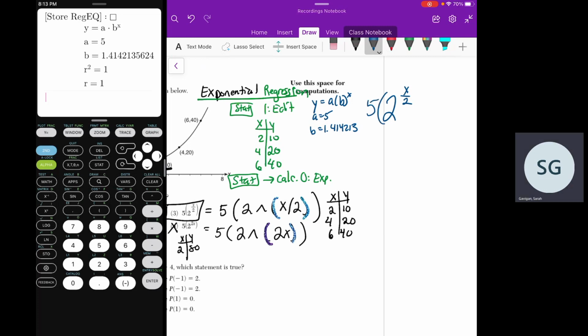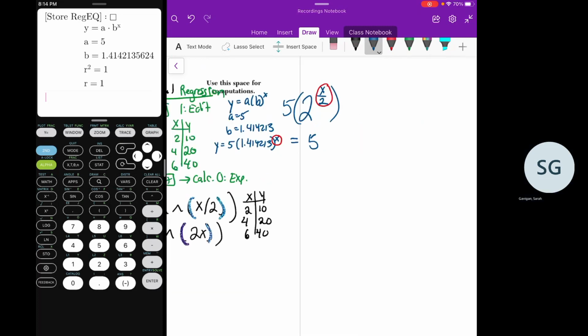So here's what the equation is supposed to look like. If I were to write down my answers here, it would be 5 times 1.414213 to the x. The difference is that here I have just an x, and here I have an x over 2. So what I can do is take that 2 and pull the x out of it using my properties of exponents: when you have a power to a power, you multiply those exponents.